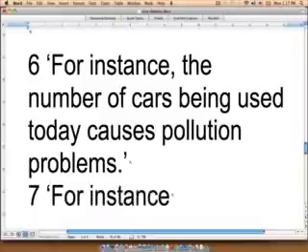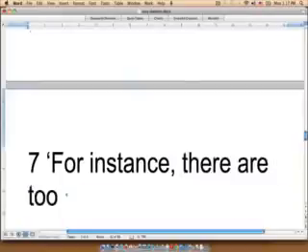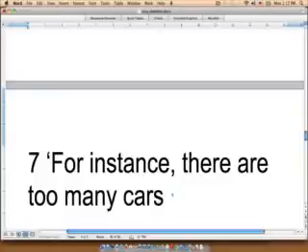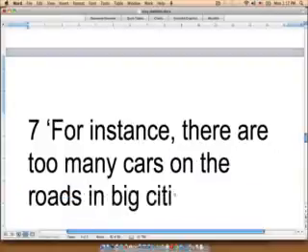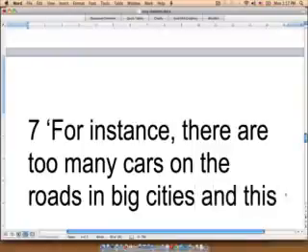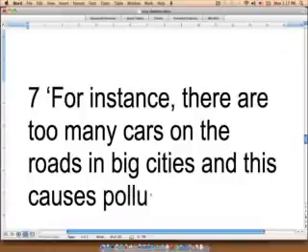For instance, there are too many cars on the roads in big cities, and this causes pollution problems.